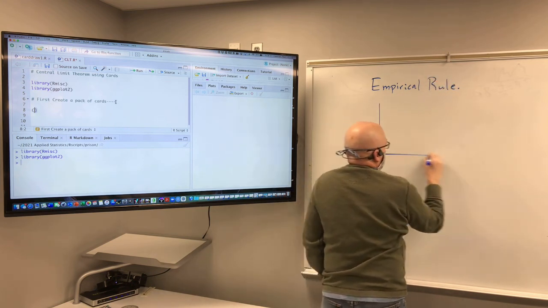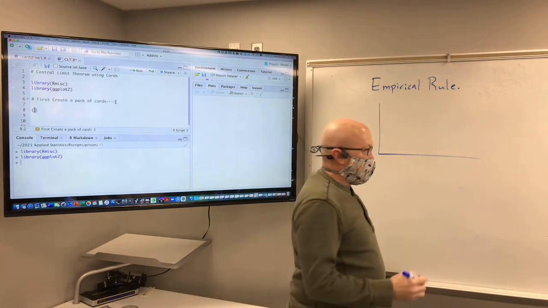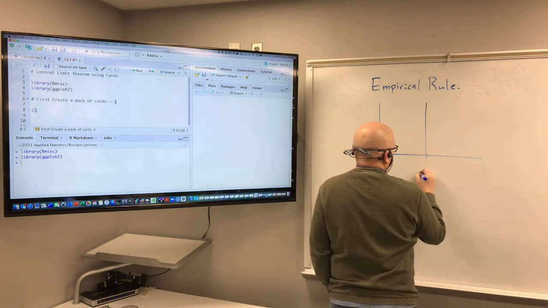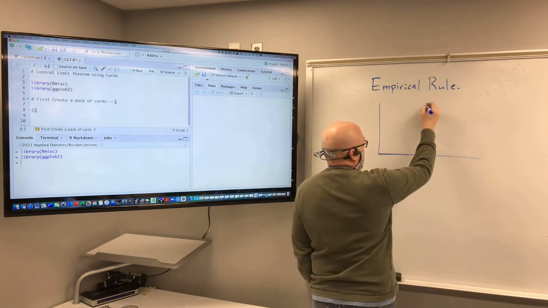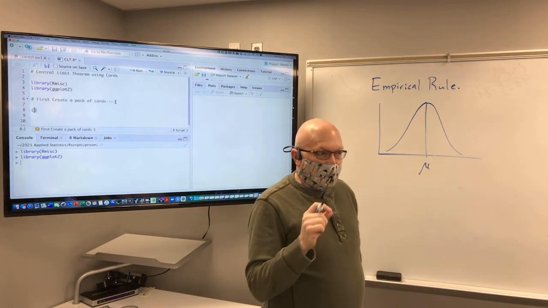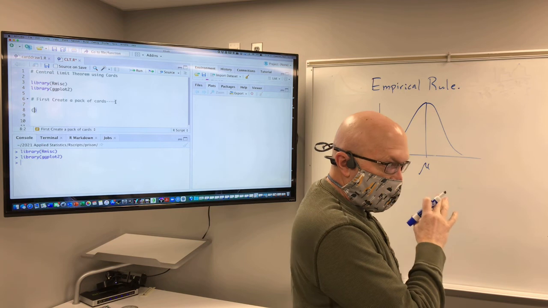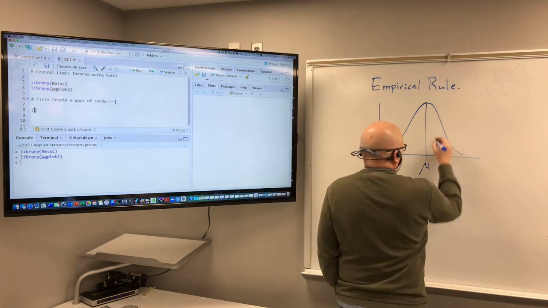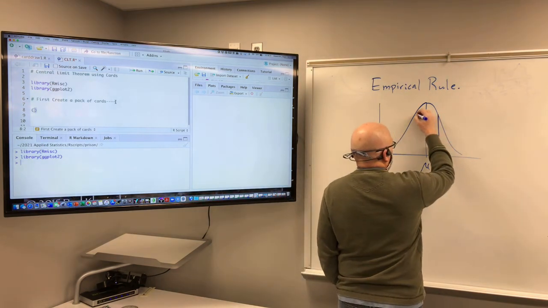The empirical rule just deals with normal distributions. If you have a normal distribution with an average value of this, it tends to fall off in a bell-shaped sort of shape.